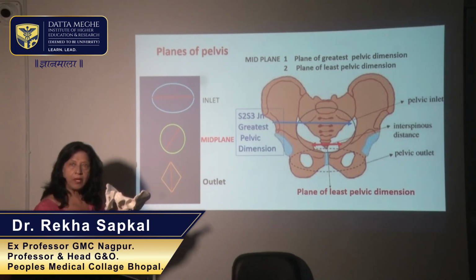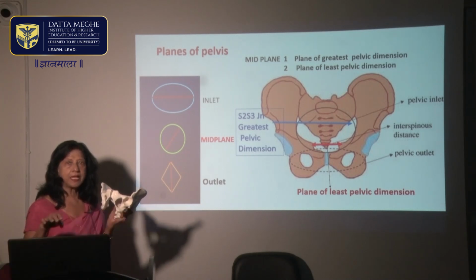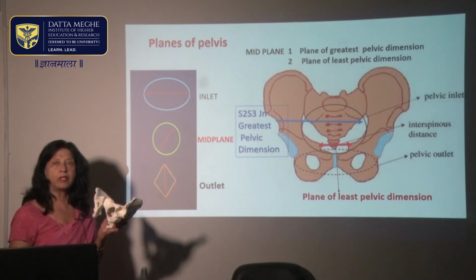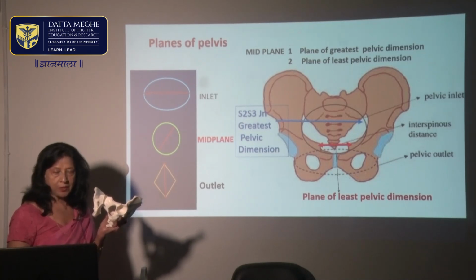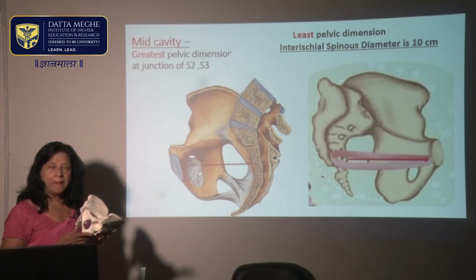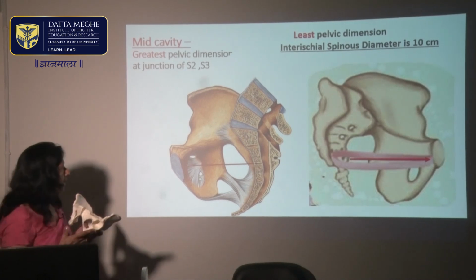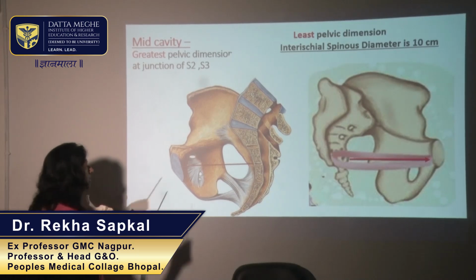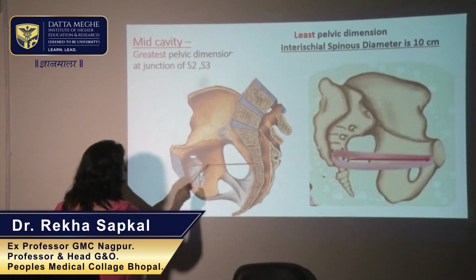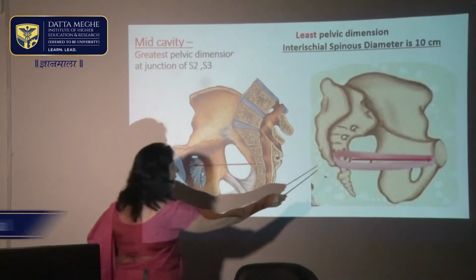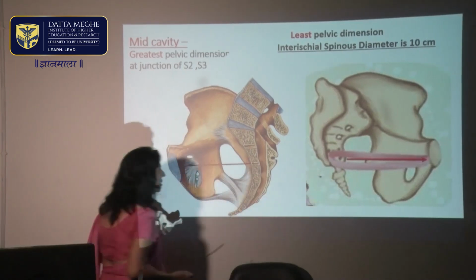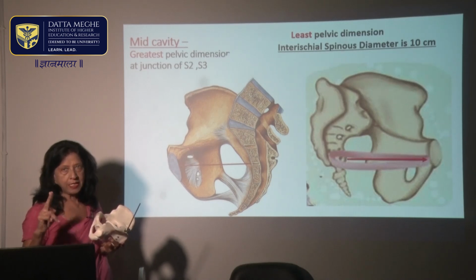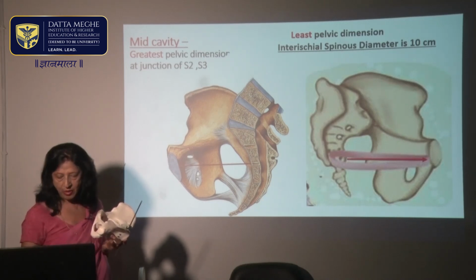Because at these three levels we assess whether the pelvis is adequate for the fetus during labor. In the mid cavity there are two planes: this is the level of the greatest pelvic dimension and this is the level of the least pelvic dimension at the level of the ischial spine.